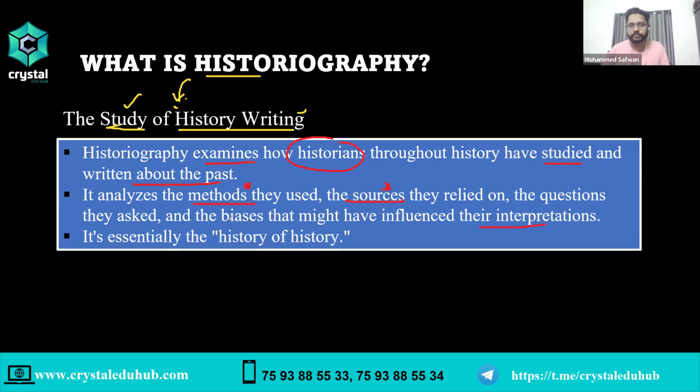For an example, if I am getting a pot from the Indus Valley civilization, and there is one particular animal like a giraffe, what will be my thought or my interpretation?